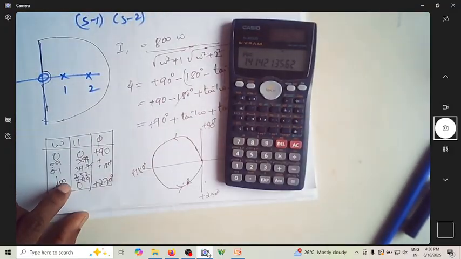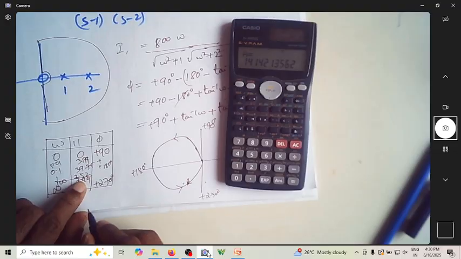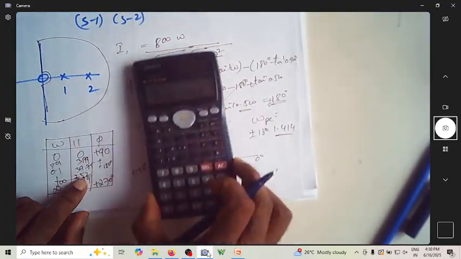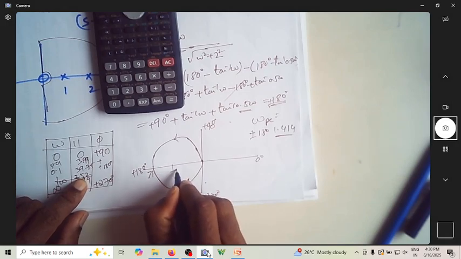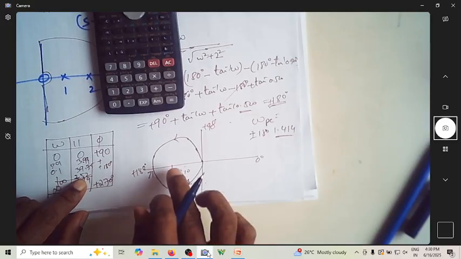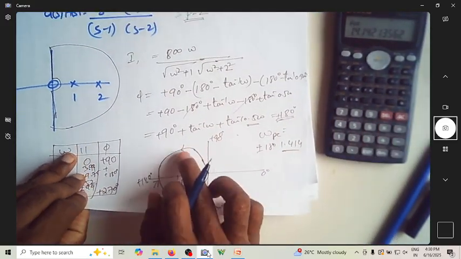At 1 it's around 252, so at 1.4 this is certainly greater than 1. So the minus 1 plus 0 comes inside this. So this is the first segment. This is interesting, so the first segment is here.